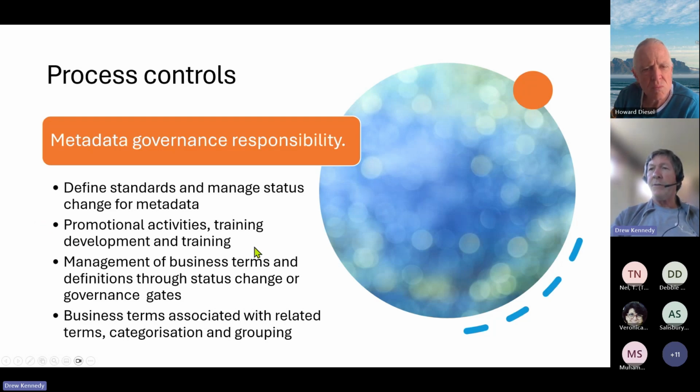You're definitely going to have to do the promotional activities, training development, and training. So the training development is building the material, and it's delivering the training. Then definitely the management of those business terms and the definitions as they go through the status changes or the gates. And I think that talks to the metadata lifecycle.